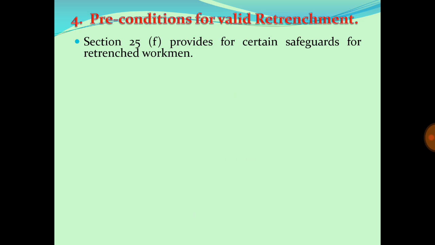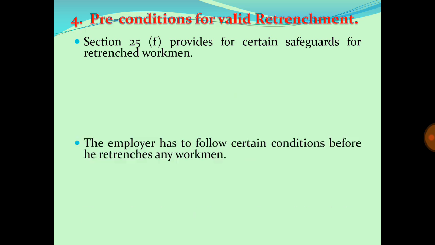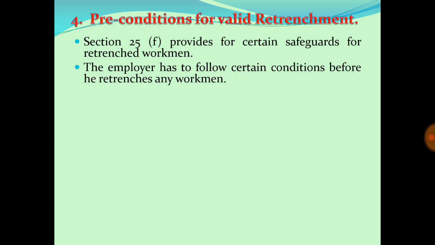If any employer wants to retrench the services of any workman, he must follow the preconditions provided under Section 25F. These conditions must exist before retrenchment of the service of any workman.